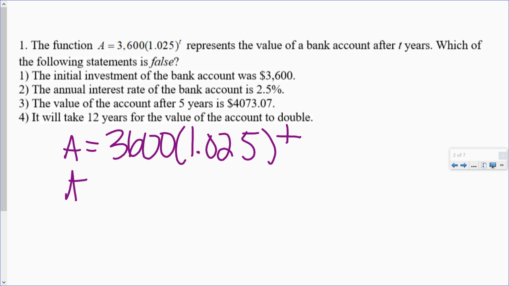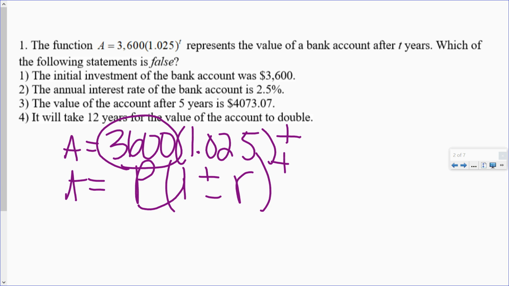And I know that my formula is principal parentheses 1 plus or minus the rate to the power of time. So let's take a look at what's going on here.